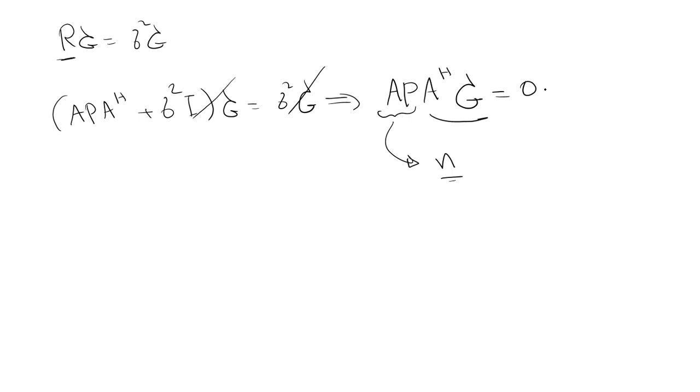So this term has to be 0 because the columns of A P are independent.